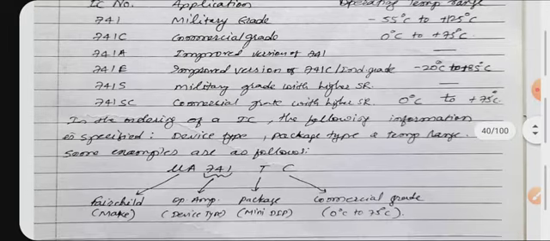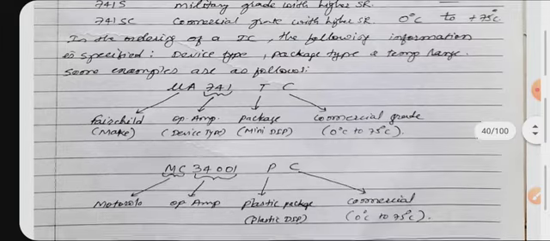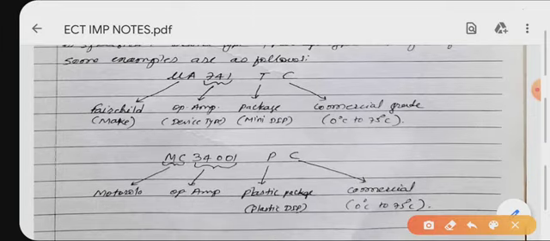Apart from this, there are different categories of op-amp like military grade, used for military applications, commercial grade for commercial application, industrial grade, etc. Again you can see here, if the number is mu A741 TC, that means mu A stands for made by Fairchild company. Then 741 is the op-amp device type. Then T is the package, DIP package it is.